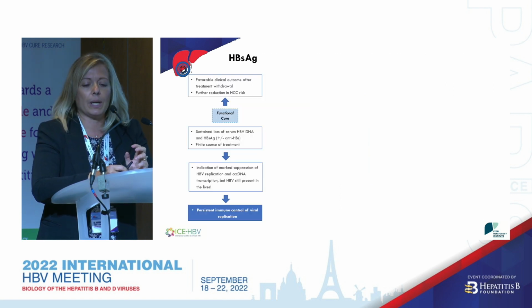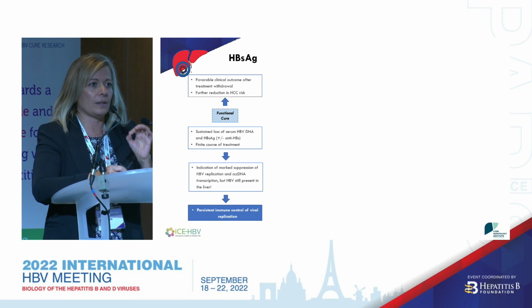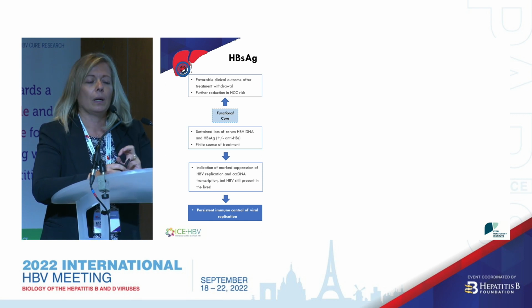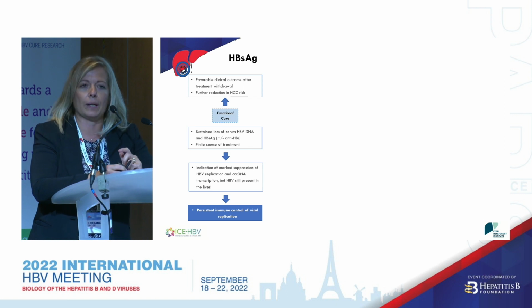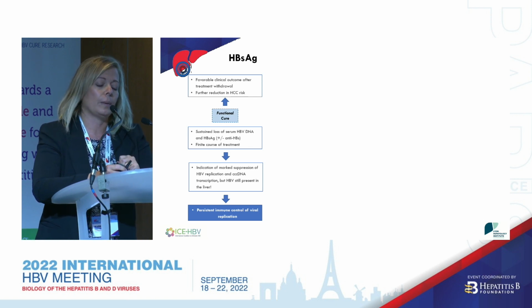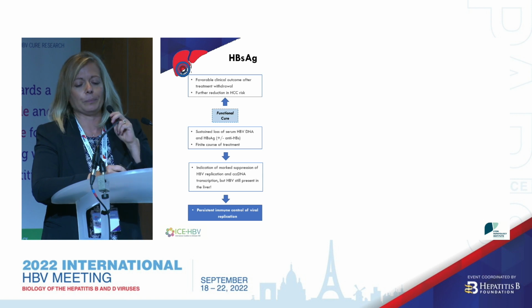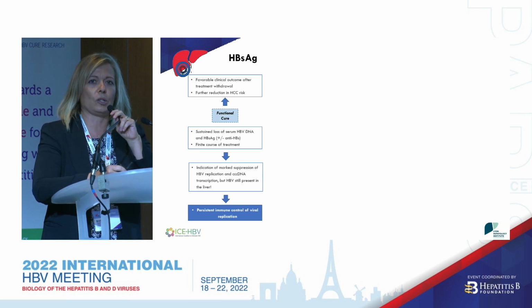And so I will really look at some concepts on 3 antigen biomarkers: HBs antigen, core-related antigen, and circulating RNA.